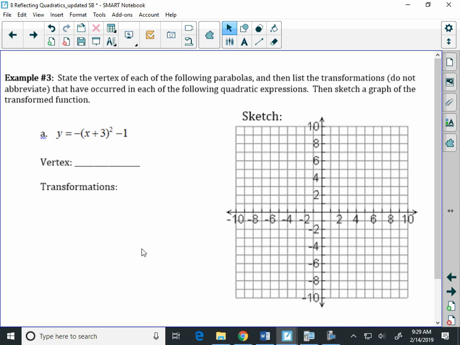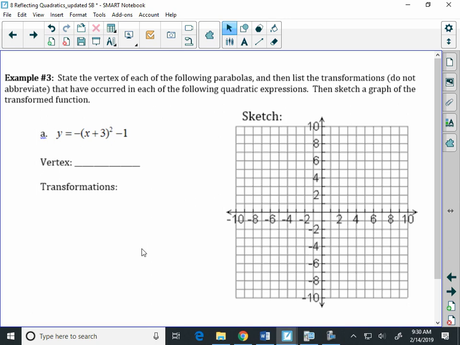And I'm hoping that by the time we get there, you already know the patterns in the graph and it won't be too traumatic, if that's the right word. But we're going to state the vertex, just like we always do. State the vertex of each of the following parabolas, then list the transformations, don't abbreviate them, then sketch a graph of the transformed function.